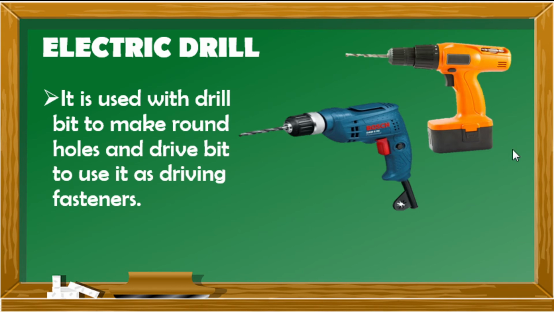Ito yung portable natin, which is yung meron siyang rechargeable battery. Then ito yung usual natin na drill na meron siyang power cord, connected siya sa outlet natin. Okay, so yung electric drill, partner niya si drill bit for drilling holes and driving ng mga screws.